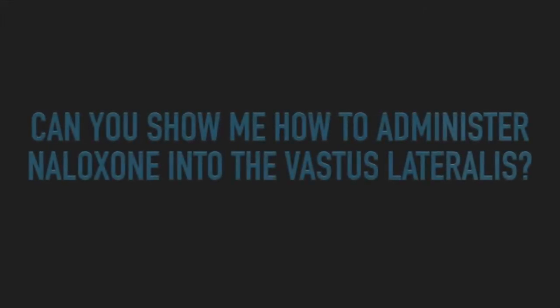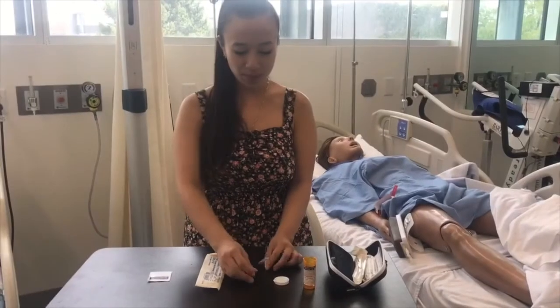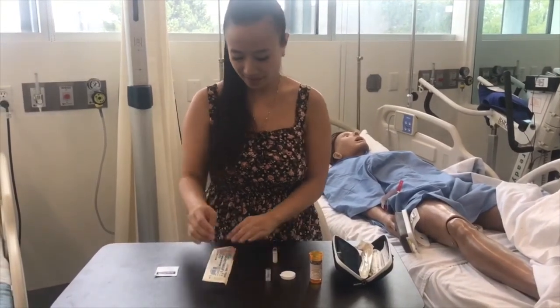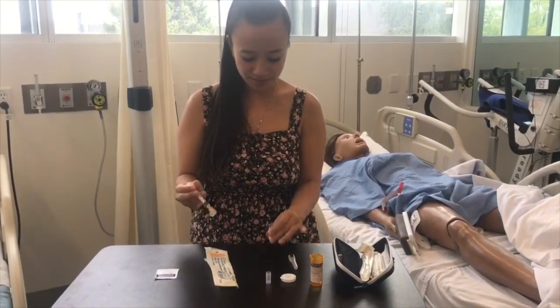Can you show me how to administer naloxone into the vastus lateralis? So I'm going to open the ampule, break it away from your body. Now I'm going to draw up 2 milliliters of naloxone.